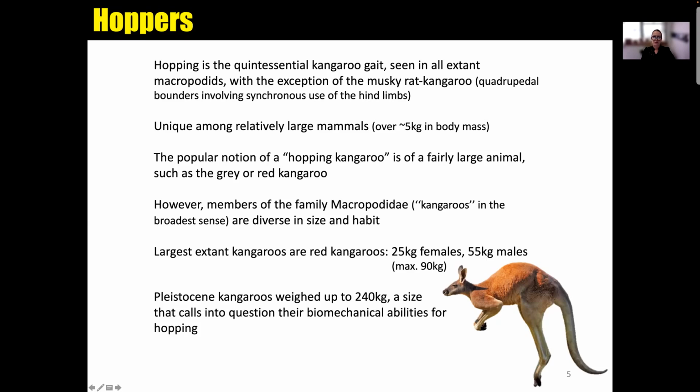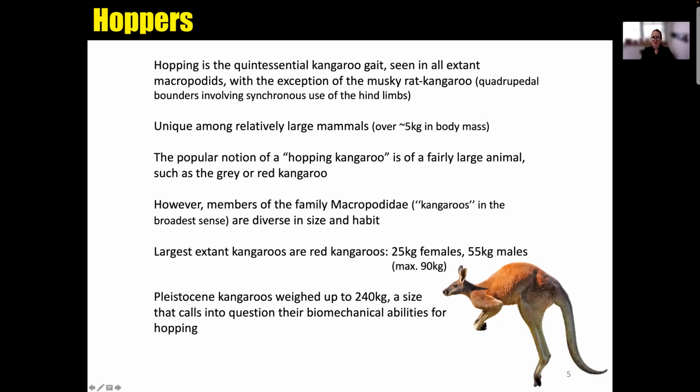However, it's recognised that members of the family Macropodidae, so all of the kangaroos in the broader sense, are diverse in size and habit. The largest kangaroos that live today, females can reach approximately 25 kilos, while males on average are about twice that size.